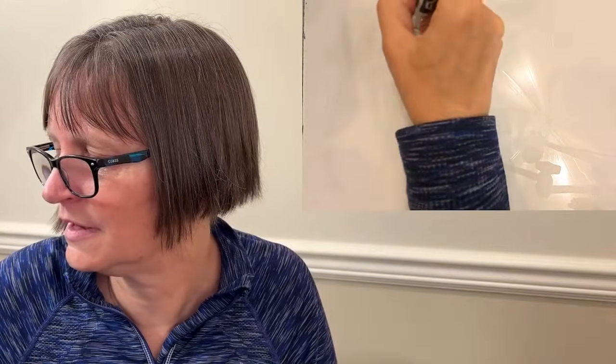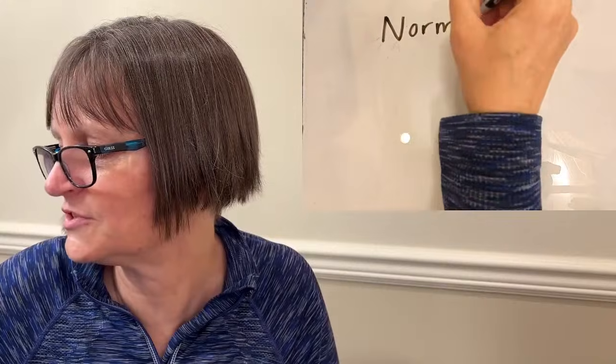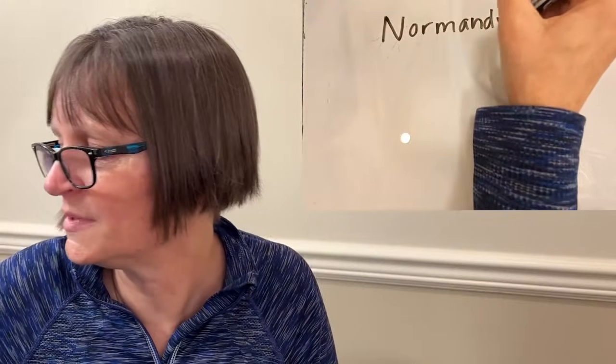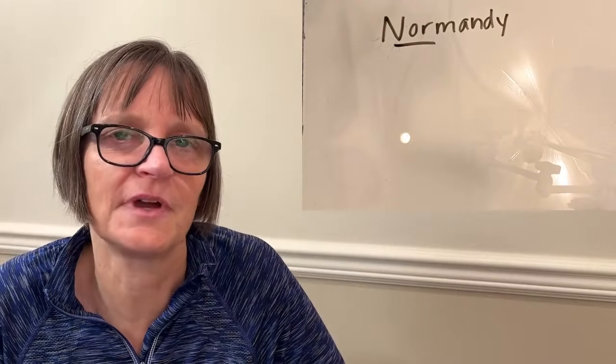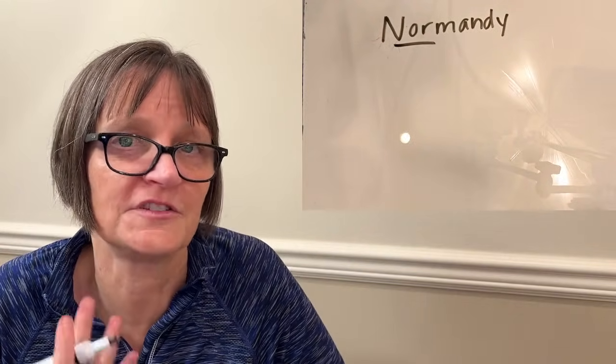All right, we have a question about Normandy. So in American English, we say Normandy, and we stress on norm. I think in French, they would have maybe a little stress on this last syllable.